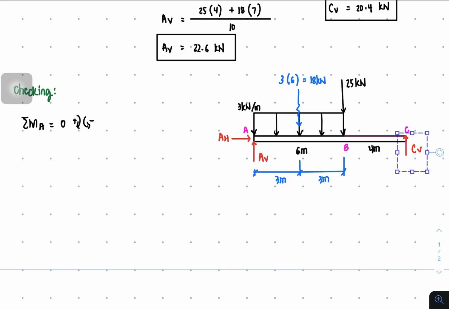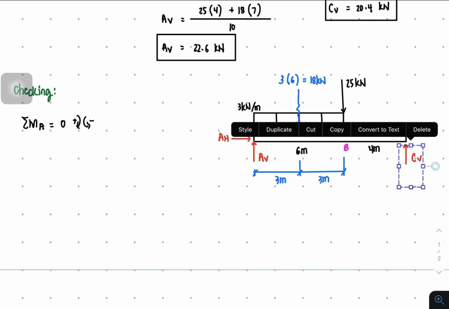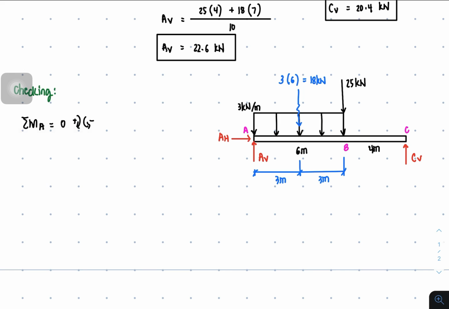Although AV being upward causes clockwise rotation, this time, although CV is upward, it doesn't mean clockwise. Remember that the rotation point is point A. Therefore, the influence of this upward force at point A will cause the beam to rotate counterclockwise. That's why CV is written as negative, and the moment arm is the distance of C from A, which is 10.